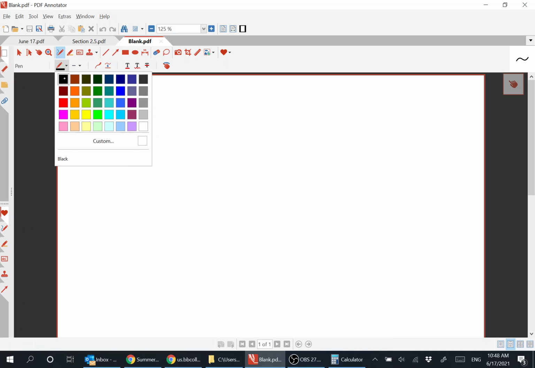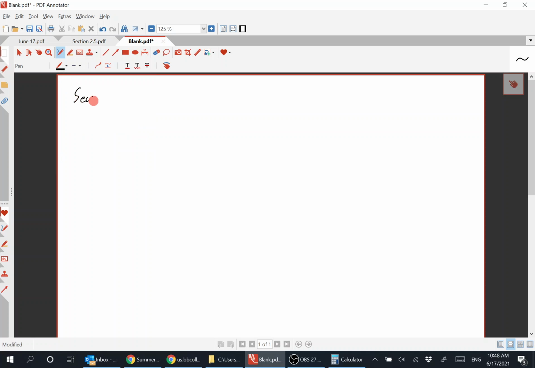Section 2.6. Transformations of functions.